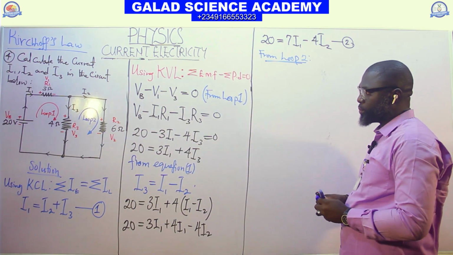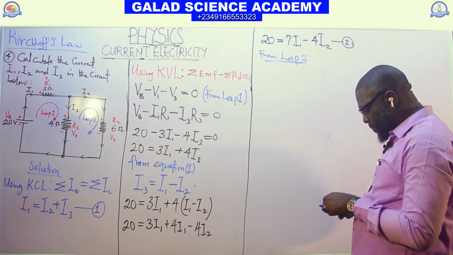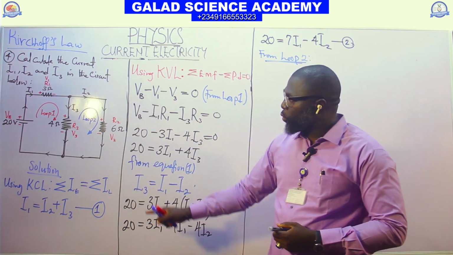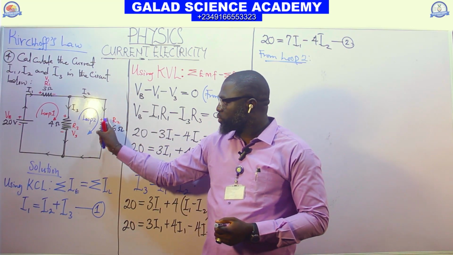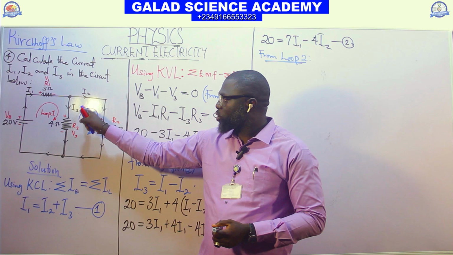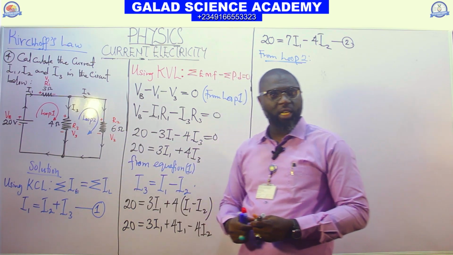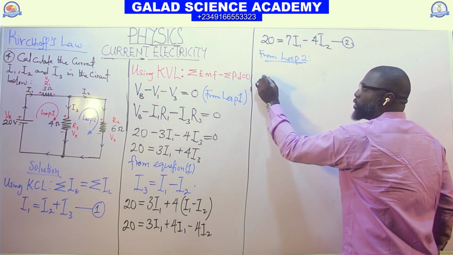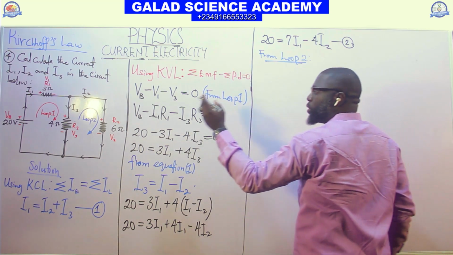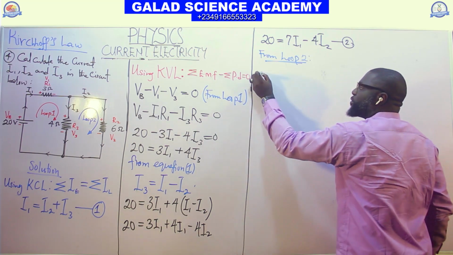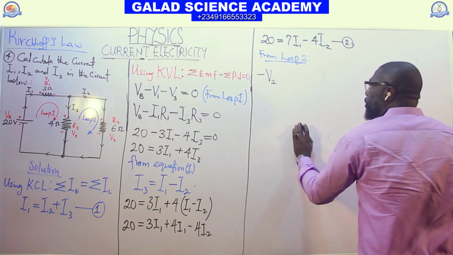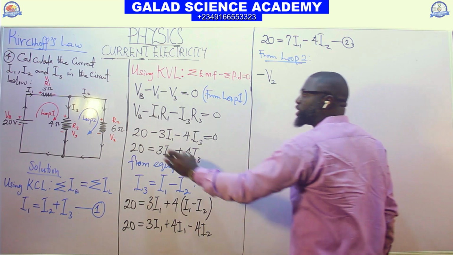So from loop 2, let me start my reading from R2. When the current is flowing from positive to negative like this, and the current and the loop face the same direction, the voltage will drop. So we will have minus V2, voltage drop.